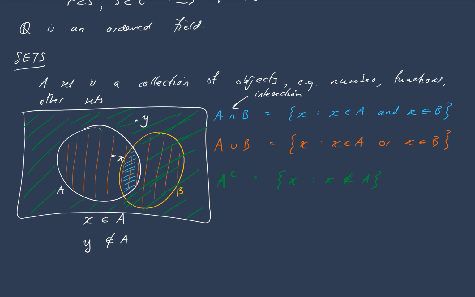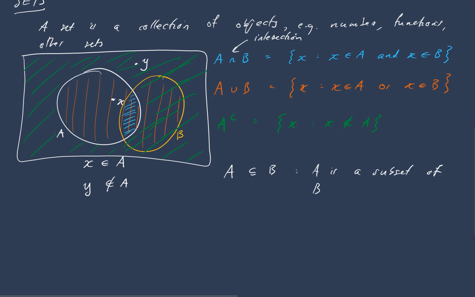A few other things we like to talk about when we've got sets. A is contained within B, or A is a subset of B. What does that mean? Well, that means every element of A is also a member of B. We can also write this back to front, although it looks a little bit weird if you're not used to it.